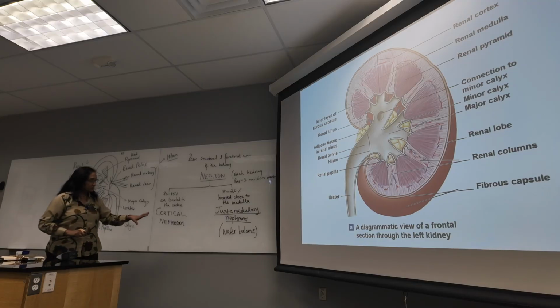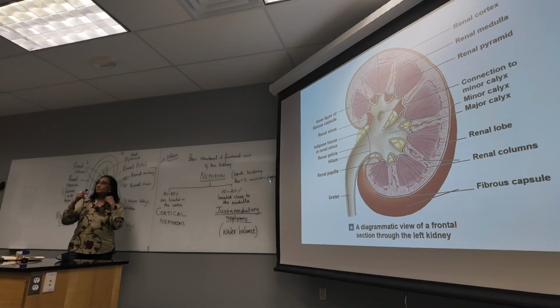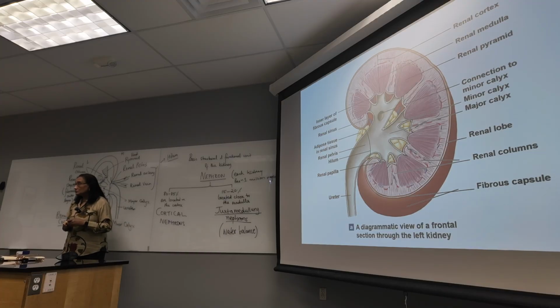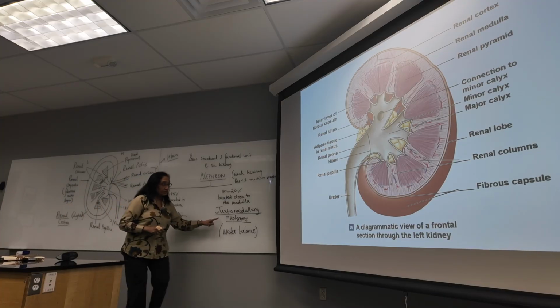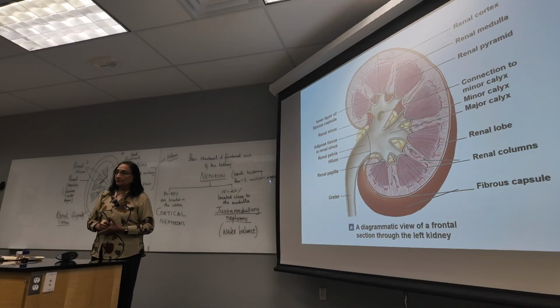All functions are subserved by cortical nephrons, whatever we saw. Water balance, electrolyte balance, pH, blood volume, blood pressure. Cortical nephrons do most of that. The juxtamedullary nephrons are specifically geared to maintain water balance in the body.